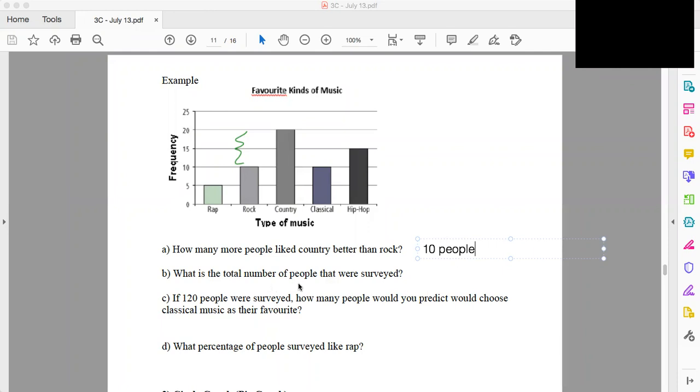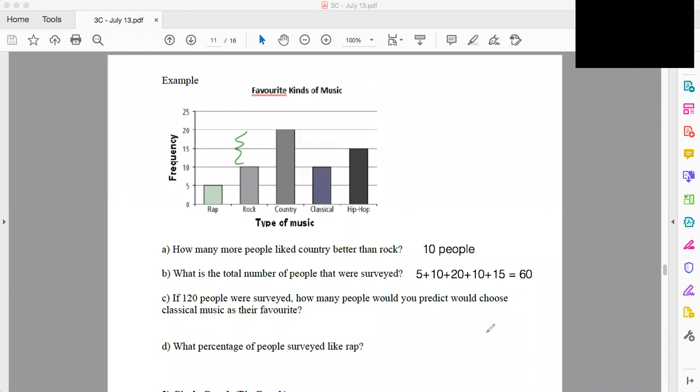What is the total number of people that were surveyed? So what you're going to do, we have rap that had 5, you add them all together. Rock had 10, country had 20, classical had 10, and hip hop had 15, which gives us a total of 60. If 120 people were surveyed, how many people would you predict would choose classical music?